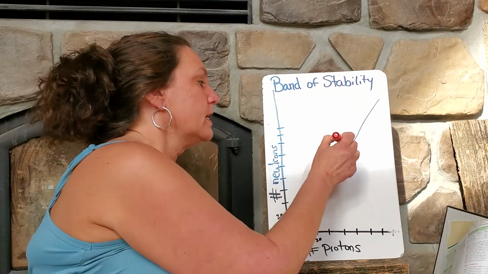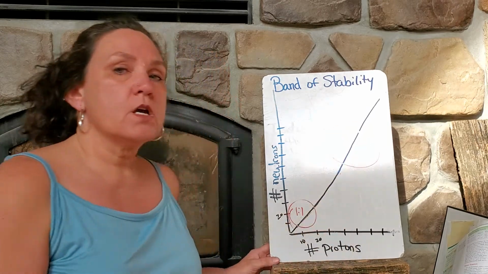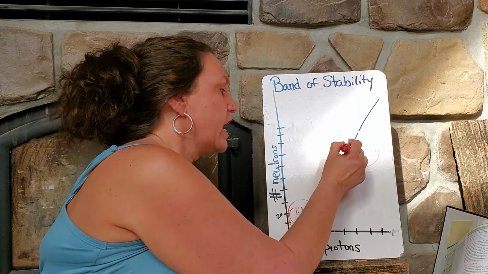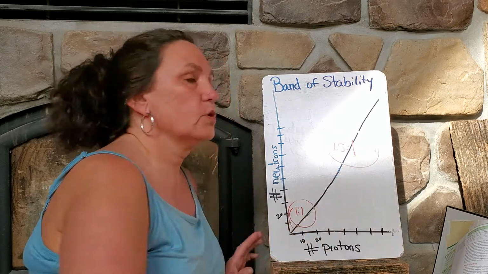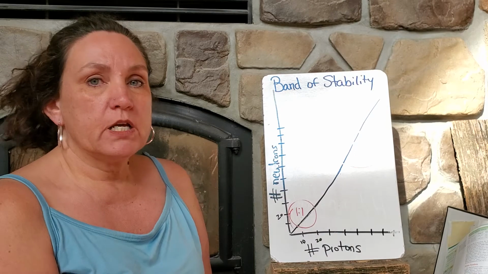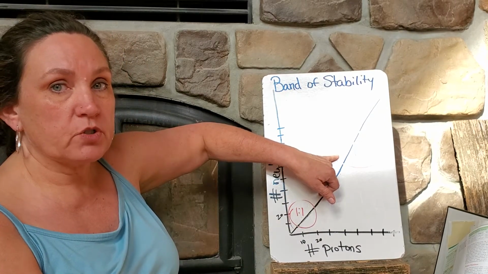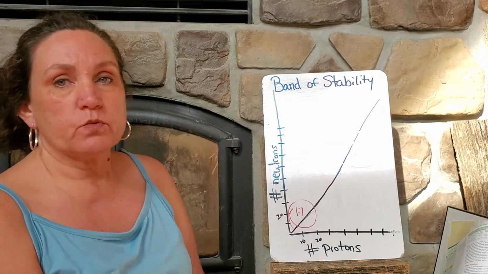And once we get up here a ways, it's actually a 1.5-to-1 ratio, meaning we have to have 1.5 times the number of neutrons as we do protons.